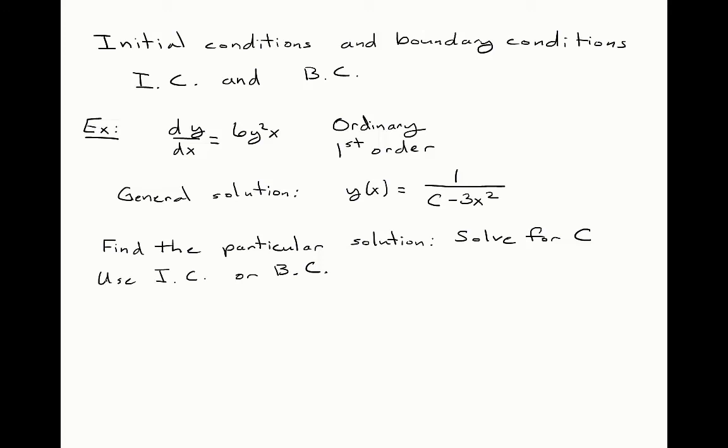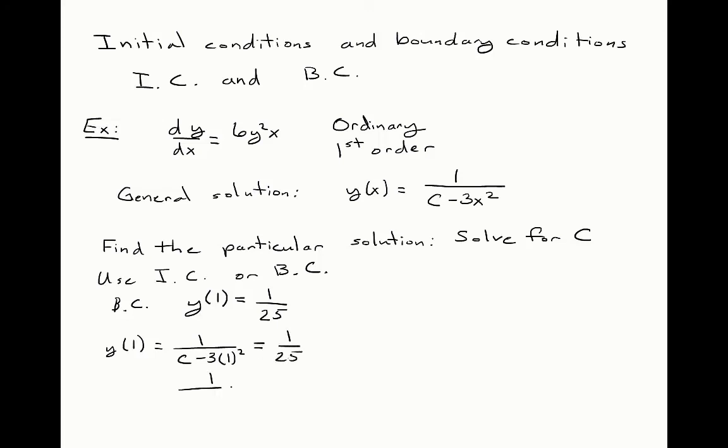So let's say in this one that our boundary condition is that when you plug in 1 for x, the value of this function is 1 over 25. So basically you plug this into here and solve for c. So we say y of 1 equals 1 over c minus 3 times 1 squared, and set that equal to 1 over 25.